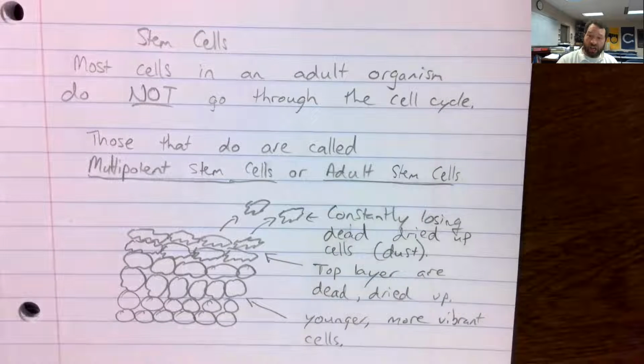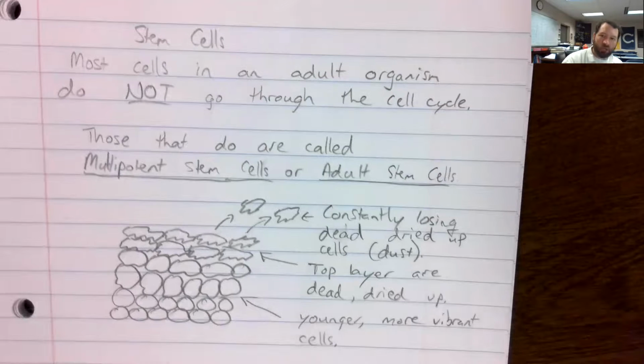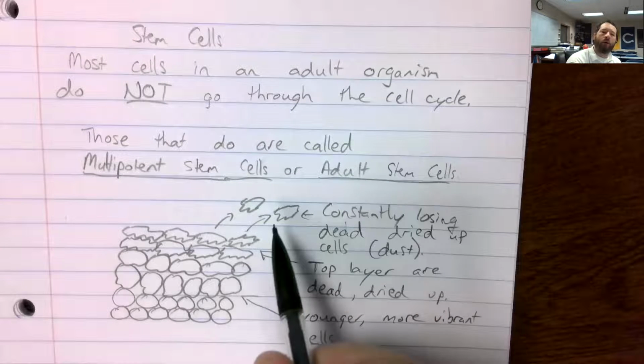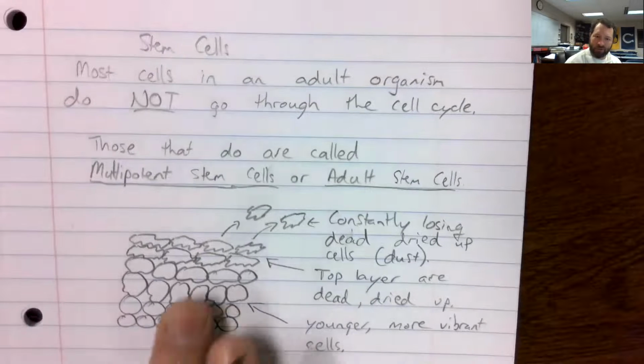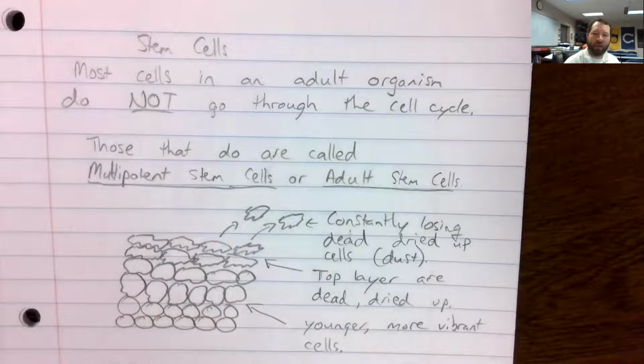I don't know if you've ever had a cut on your arm, someplace you can see it, and you can see into your skin up through that cut. As you go down through the layers, you get pinker, more juicy, more vibrant cells. You're down through a couple of layers here, and this probably isn't accurate. There's probably like 100 layers. I've only got like 5 or 6 here. In real life, it's about 100.